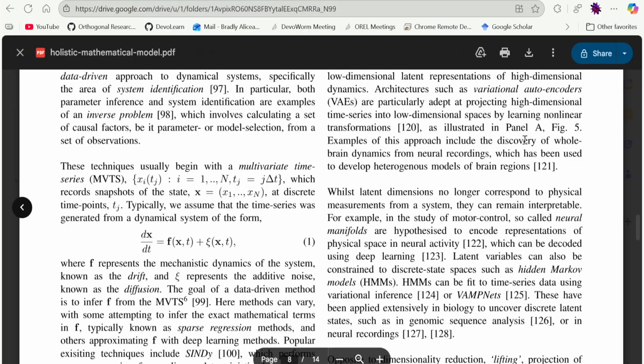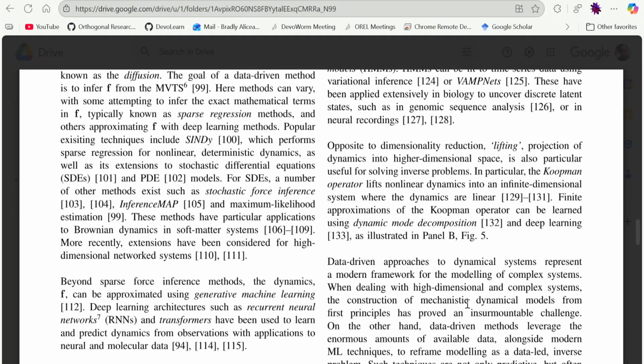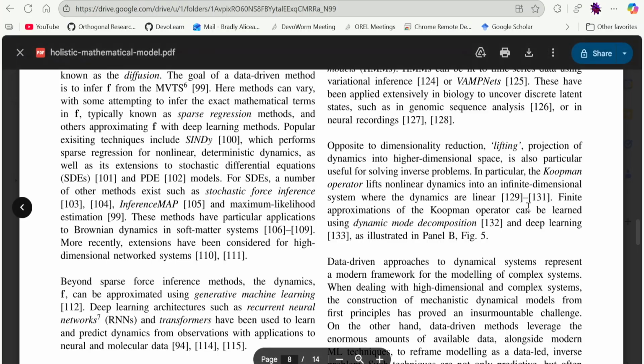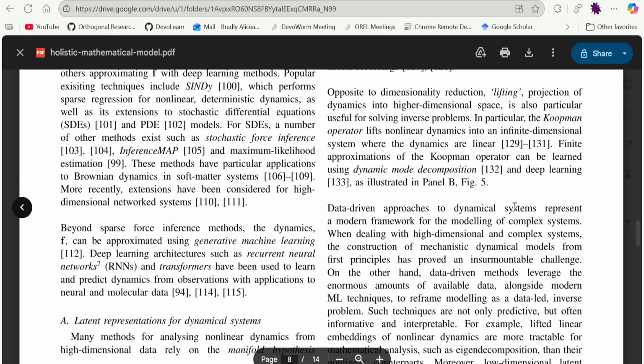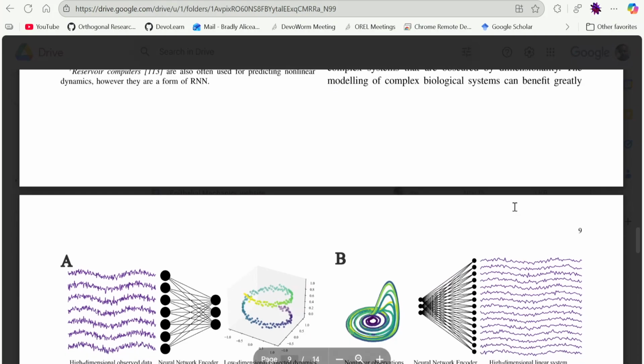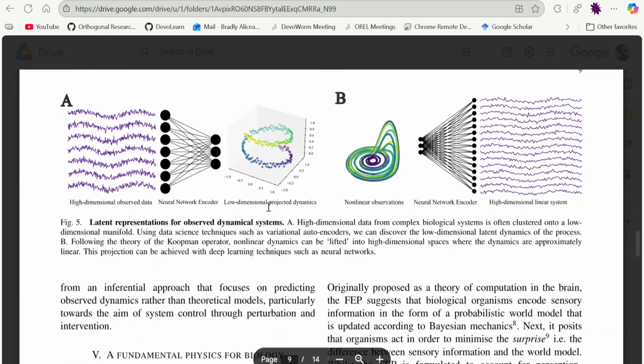You have different types of time series modeling. You can use differential equations. You also have hidden Markov models, which are good for finding latent variables and states. You have other types of dimensionality reduction or other models to understand higher dimensional spaces and reduce them to lower dimensional spaces. And they talk about all of that here, in terms of the representation.